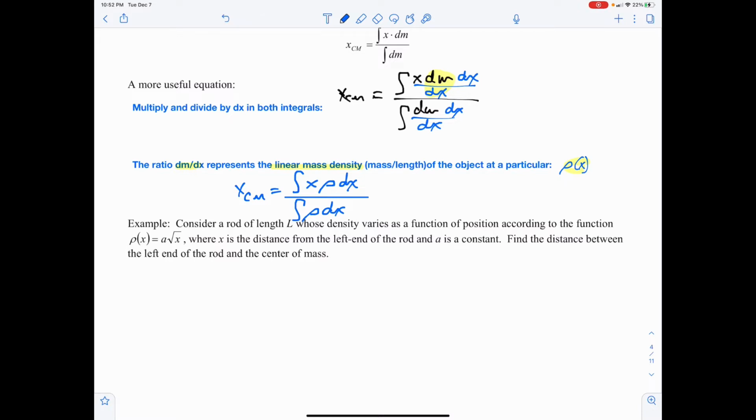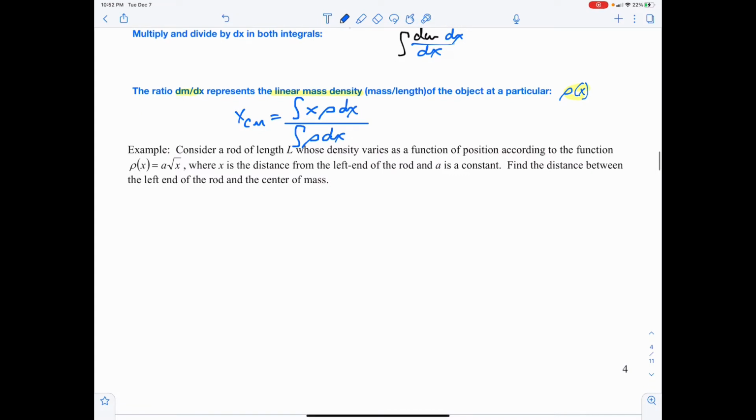Okay, so here's where we're going to start. We're going to take this in pieces, okay? Start with the center of mass equal to the integral of x times the density with respect to x, all divided by the integral of the density with respect to x.